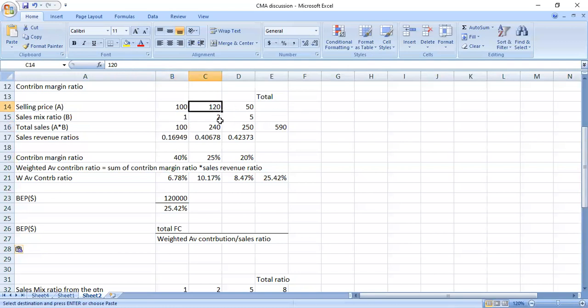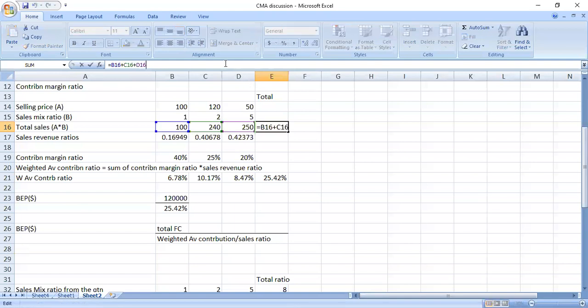We multiplied it with the sales mix, which is 2 for product B, and we got 240. We did the same for product C. We got 50 times the 5, which is 250. So we had to add the 100 plus the 240 plus the 250, and we got 590, which is the total sales for all the products A, B, and C.